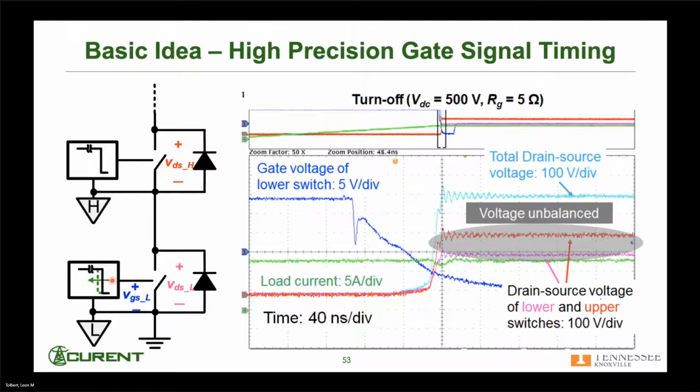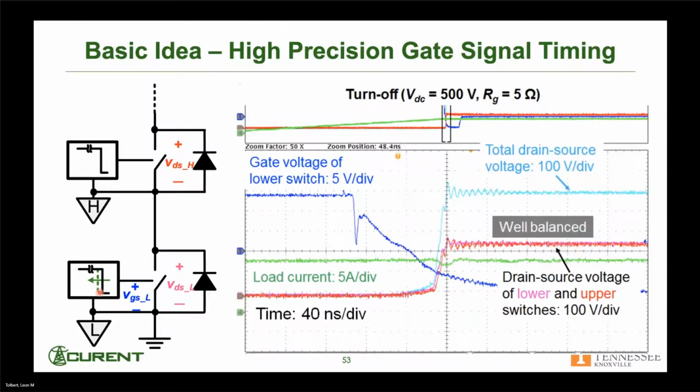So we need to move this gate signal to the left this time, meaning advance it a little bit. Instead of delay it, we need to advance it, make it turn off more quickly. And you can see by doing that, again, we can get things to be well balanced. So we just need to be able to adjust these gate edges a little bit.